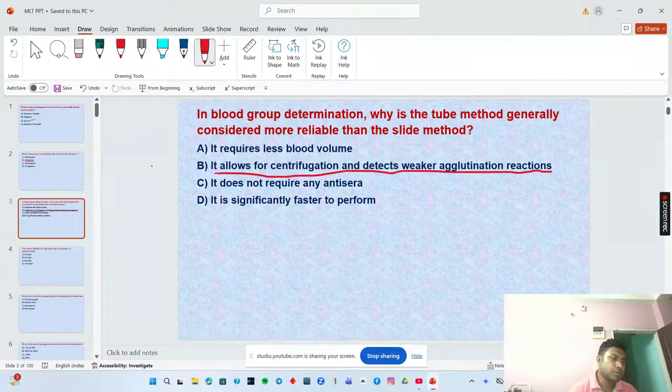Because in tube method we can centrifuge the sample, it detects the weaker agglutination reactions, which is impossible to detect in slide method. So tube method is generally considered more reliable than slide method.